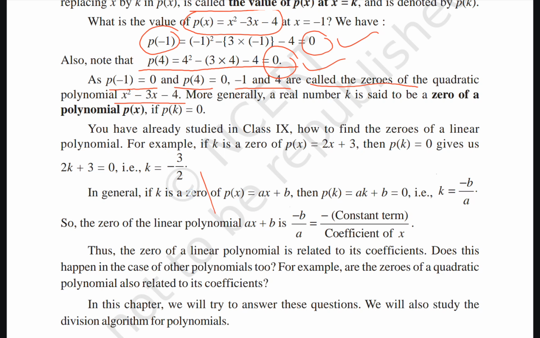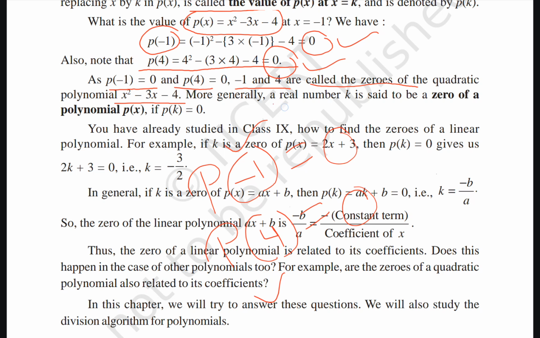When you put minus 1 in place of x and when you put 4 in place of x in this equation, you are getting 0. So we can say minus 1 and 4 are the zeros of this quadratic polynomial.